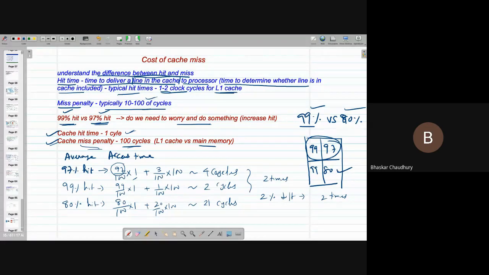Even with 80% hit, compared to a code developed in a much more optimized way giving 99% hit, it will be 10 times slower. All of you got this idea?